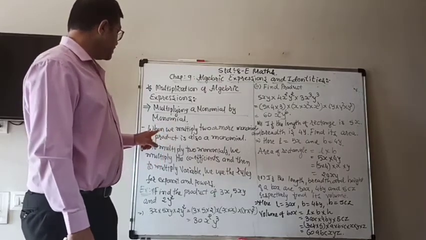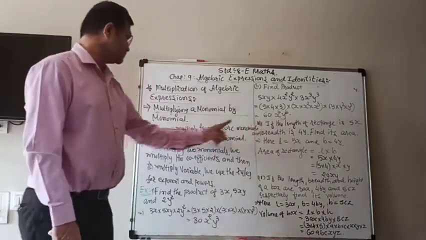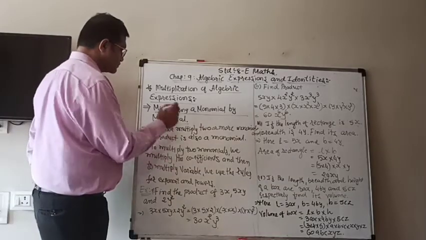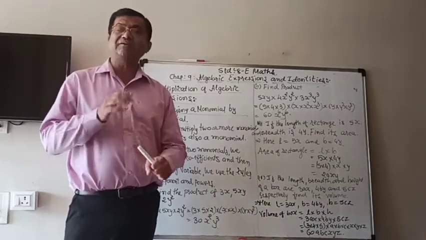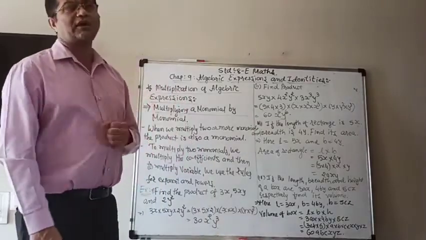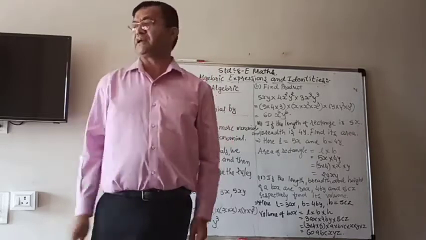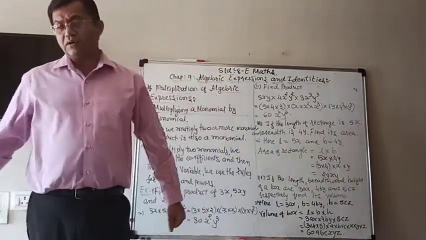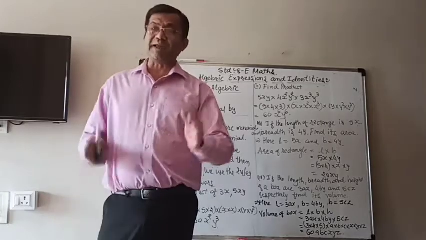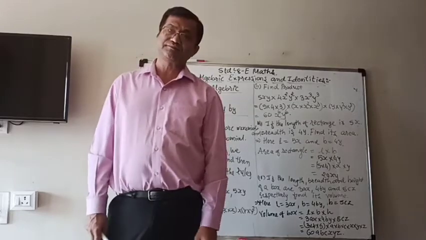So, as I write down, when we multiply two or more monomials, the product is also a monomial. Now, how can we multiply? When we multiply monomials, between those monomials we put the multiplication sign. Next, we first multiply all the coefficients of those monomials.